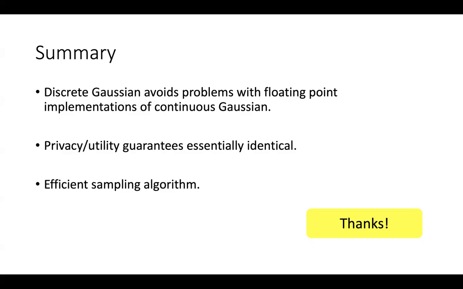So the answer is yes, but it doesn't change the story relative to concentrated DP. I guess the obvious follow-up question is what about these Fourier-based accountants that are doing exact accounting? That's actually an open question. However, there was a paper by Weijie Su and some co-authors that went on arXiv about a week ago looking at this question.